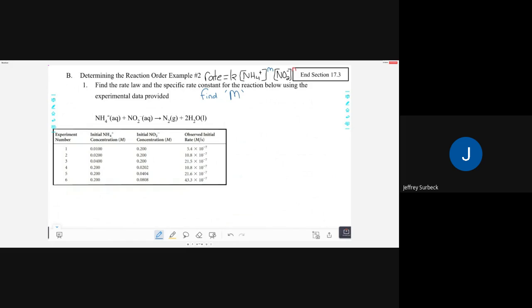1 and 2, okay? So for this, between experiments 1 and 2, again, I always like to verify, hey, NO2 minus is 0.2 for both of these. So we ask ourselves, from experiment 1 to 2, the NH4 plus concentration went from 0.01 to 0.02.